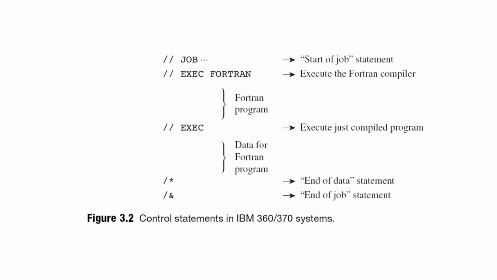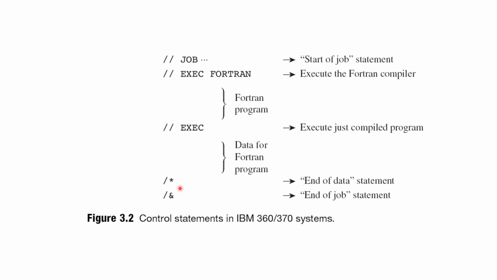The set of 14 instructions are there up to here, and after that /* indicates the end of the data, and the /& symbol indicates the end of the job statement.